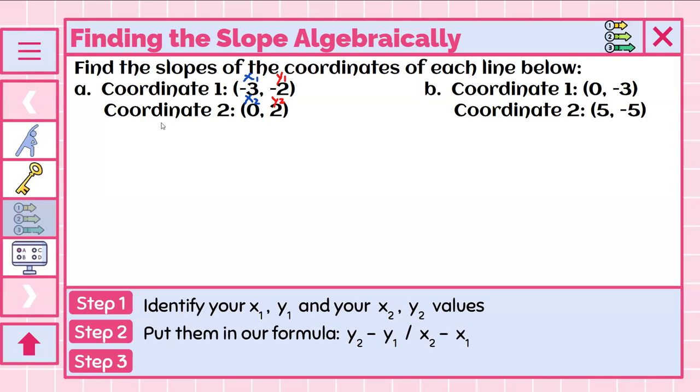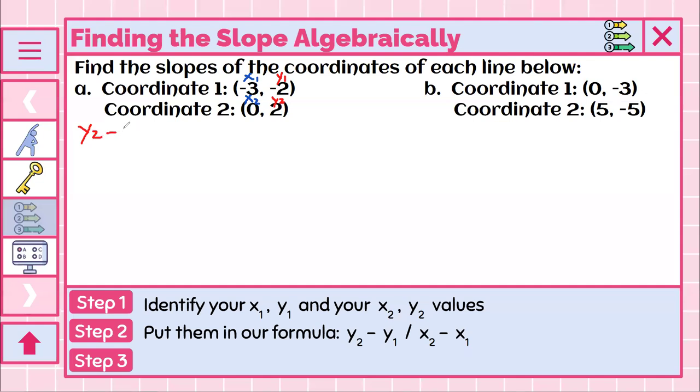Our next step is put them into our formula, which is, I'm going to write it again right here. It is y2 minus y1 over x2 minus x1. And I'm just going to plug in what we just said each of these things was.